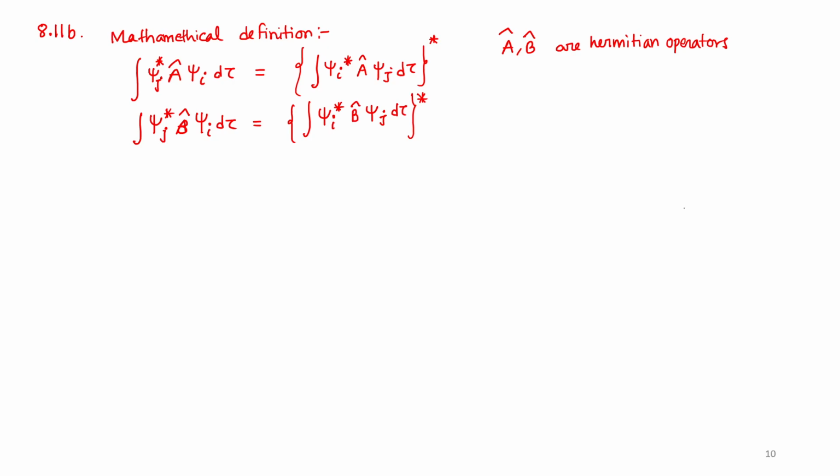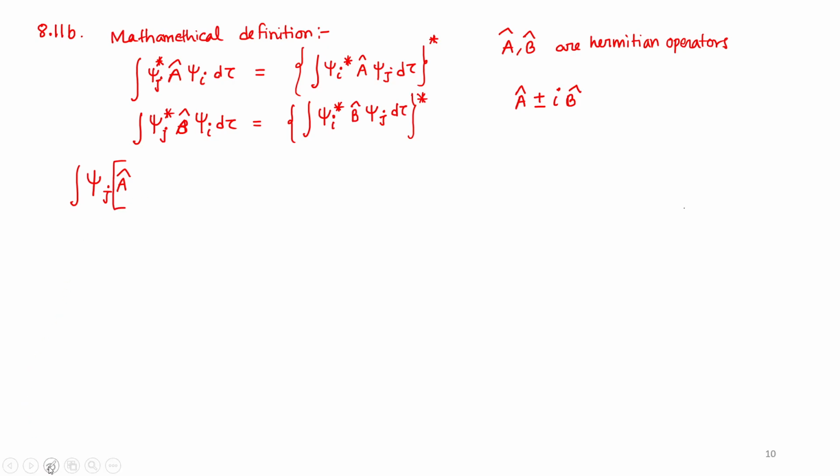This is the mathematical definition. Now we need to prove whether the linear combinations, which I'll write together, A plus minus iB, are Hermitian operators or not. To fulfill the definition of a Hermitian operator, working with the same set of eigenfunctions, it has to be something like this.